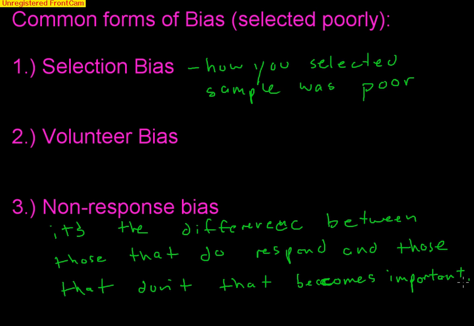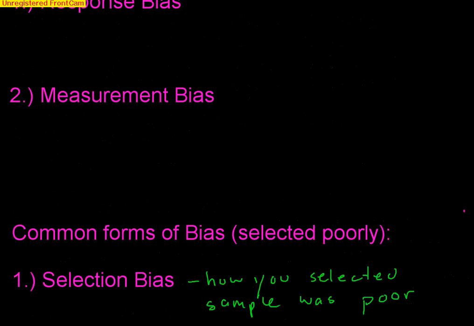So if people do not respond, you have to come up with an alternative method to get their response. So those are the three forms of bias that happen because something you did in your selection process caused the sample to not accurately represent the population.